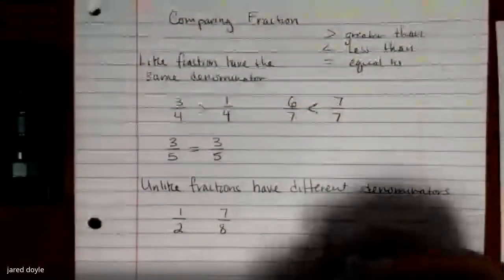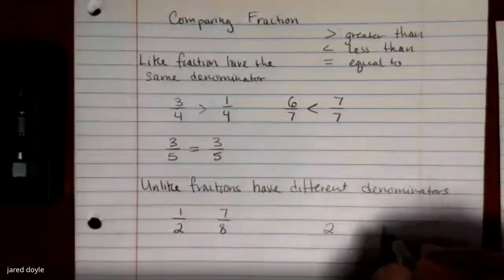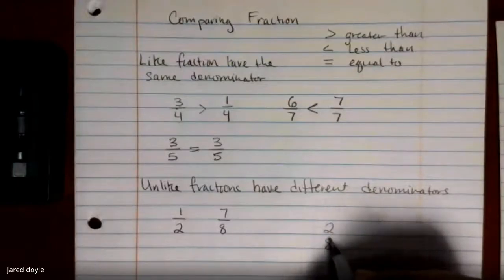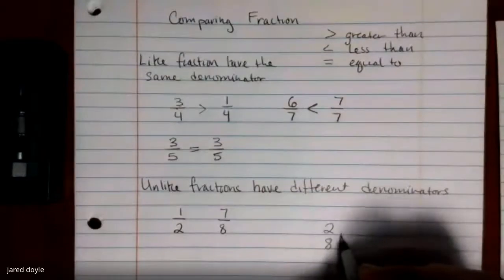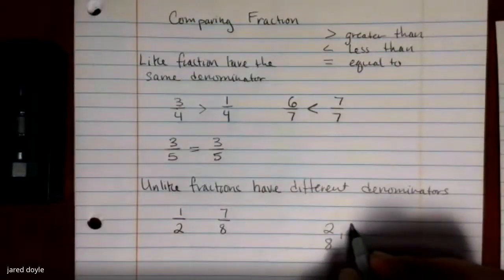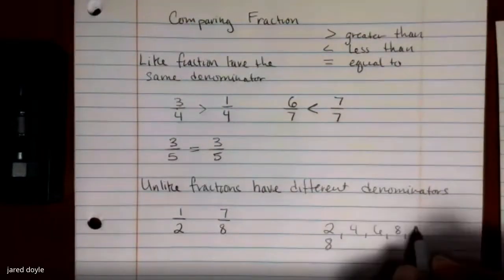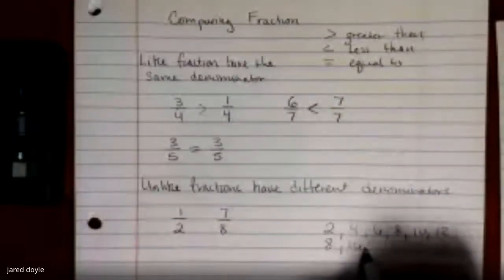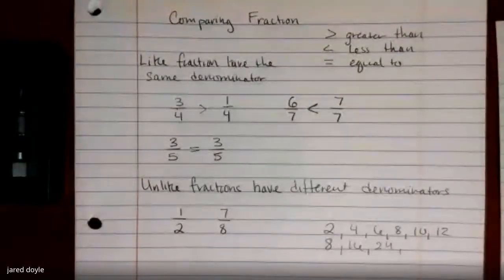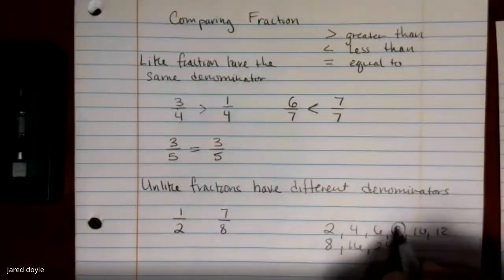And the way you do that, you're going to get the same denominator. So what you do is you find the least common multiple of these two numbers, 2 and 8. Well, let's get the multiples. So you've got 2, next one 4, 6, 8, 10, 12.